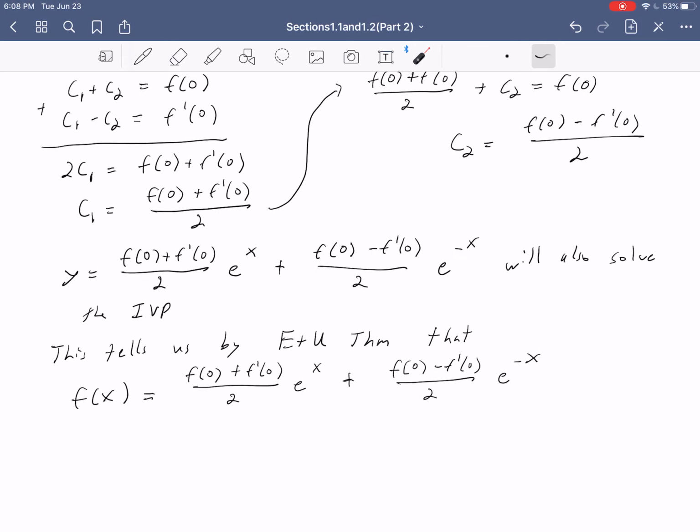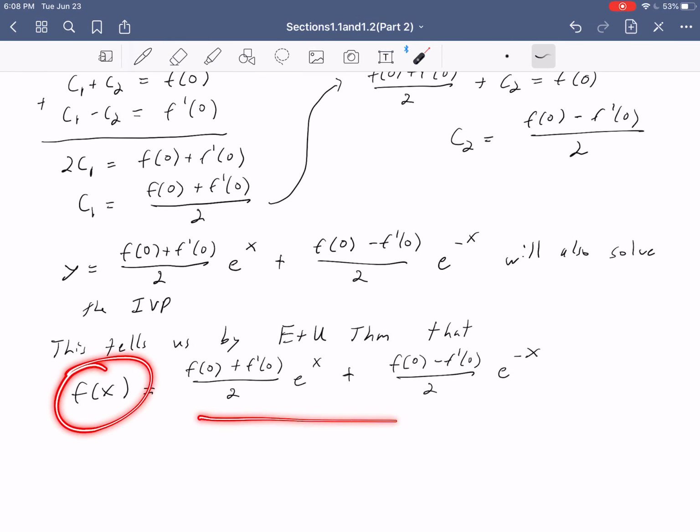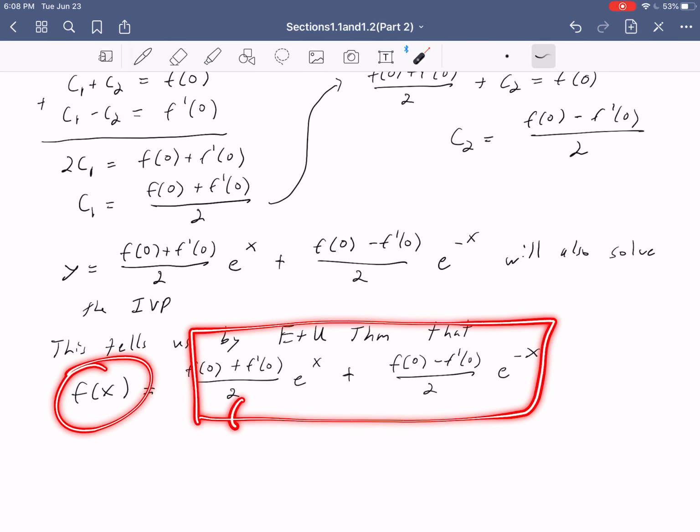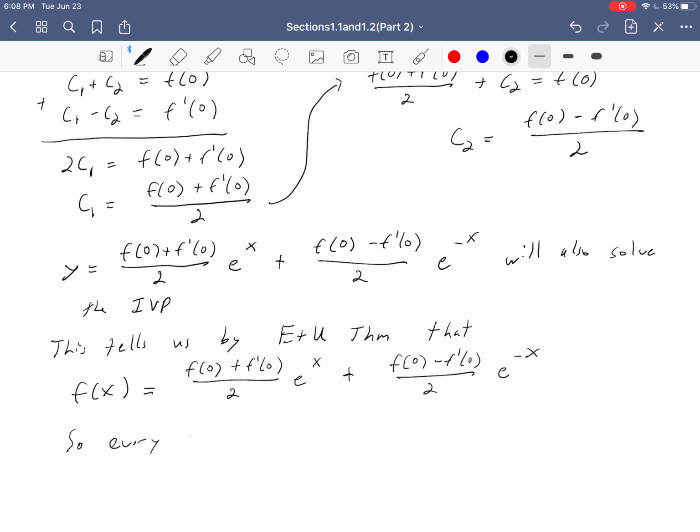So in other words, we're saying that every solution can be written in this format where we do C1 e to the x plus C2 e to the negative x. So every solution is of this format. So y equals C1 e to the x plus C2 e to the negative x is the general solution.